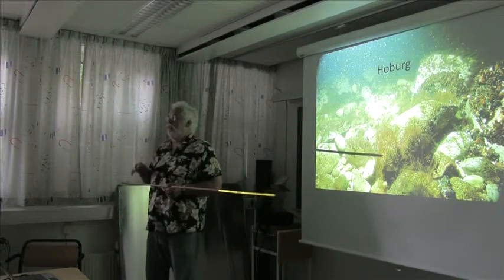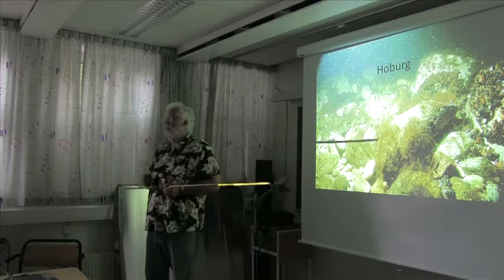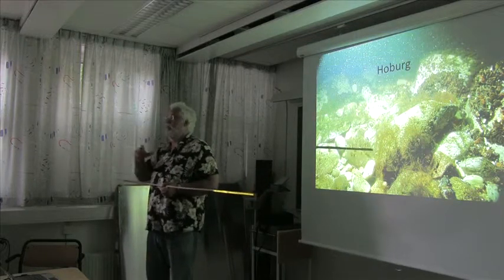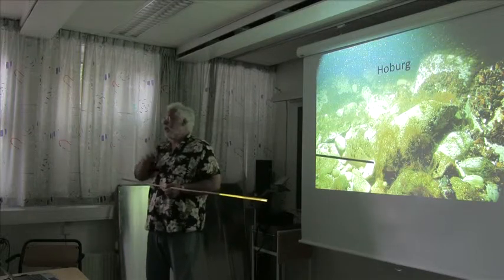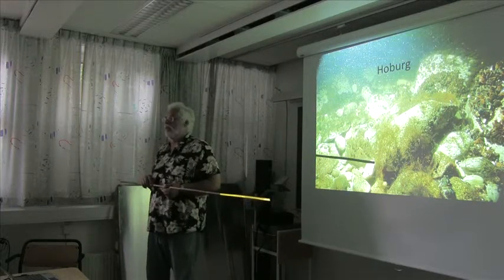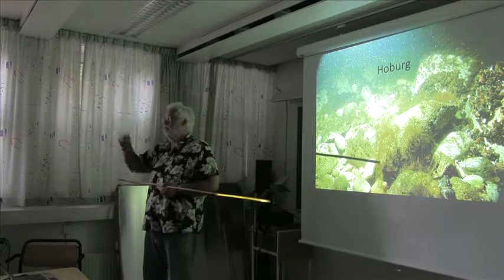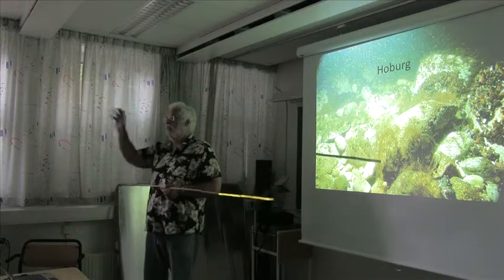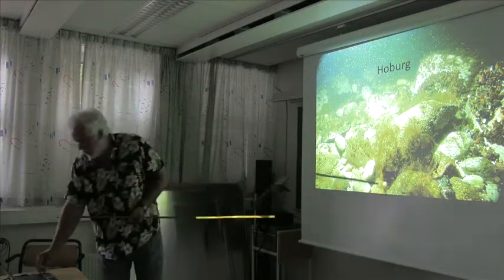Traditionally, they sit on Hoburgsbankar and eat the Mytilus, about 40% of the total production of Mytilus per year. So this actually has an impact on the system. They haven't learned to move a bit further south, to the more open area.